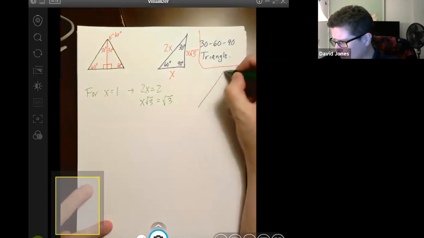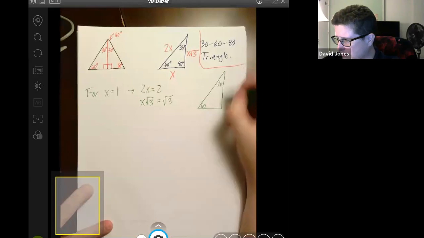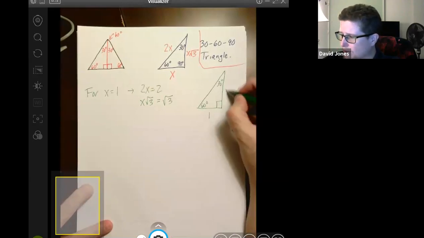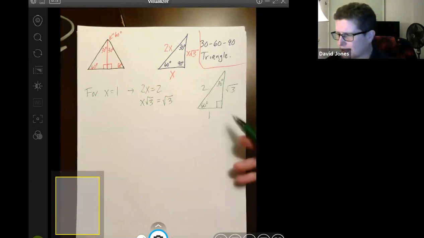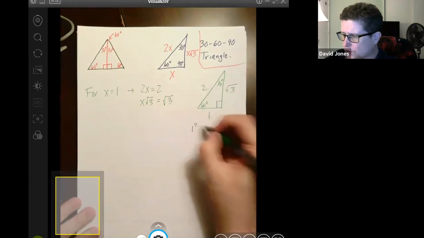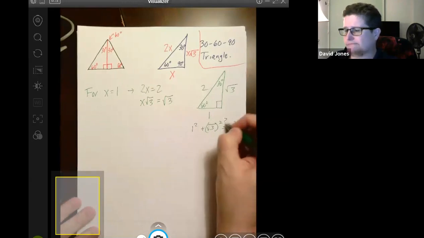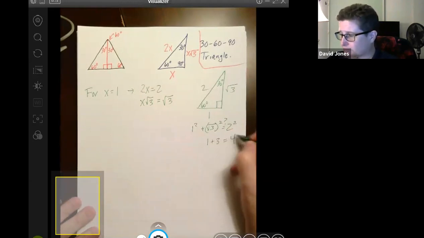Our triangle, we have 1, root 3, and 2. Does that work? 1 squared plus root 3 squared equals 2 squared. Yep. 1 plus 3 equals 4.